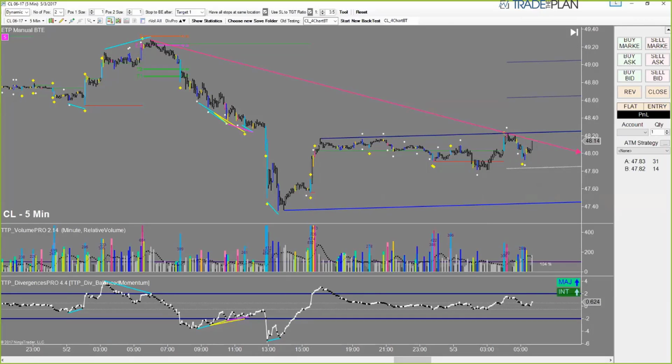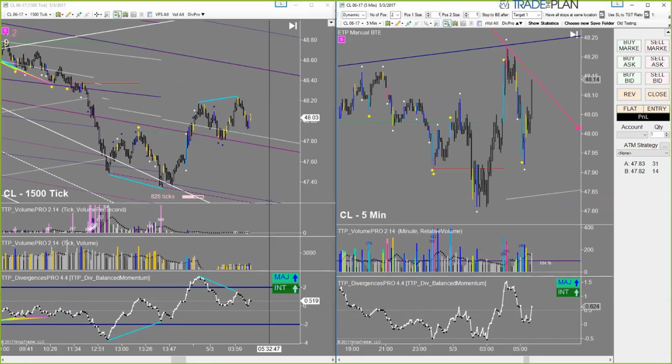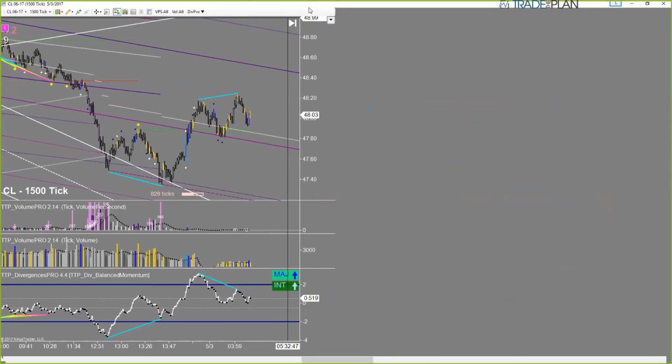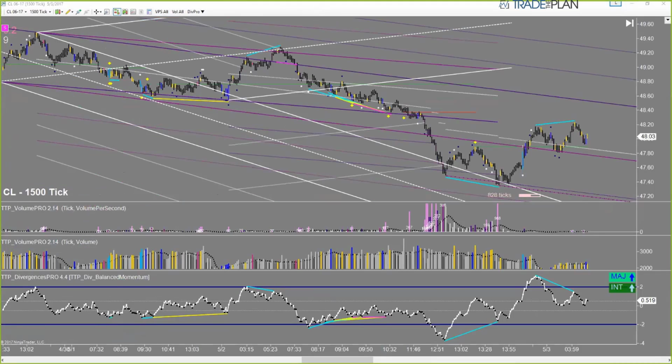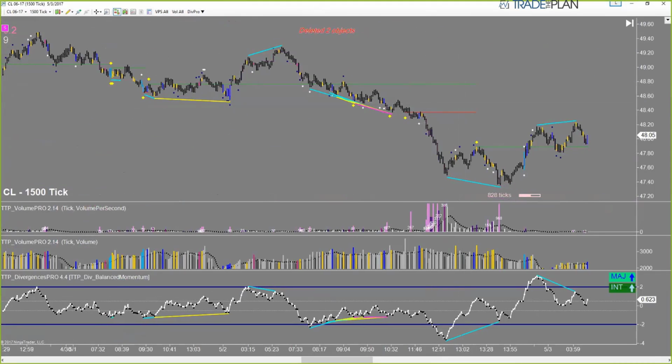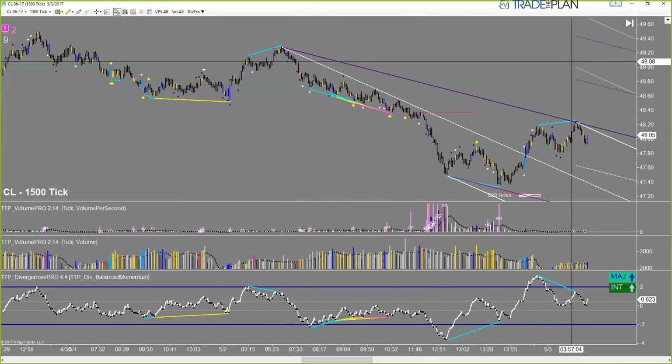Okay, there's a nice pullback right there. So our area is just a few ticks higher on the 5-minute. I'll go ahead and draw a full trend channel.